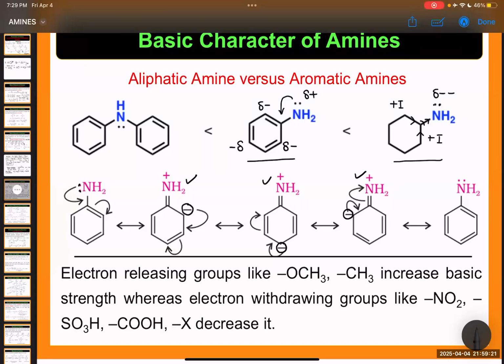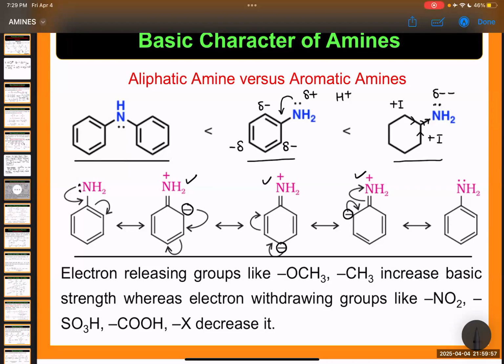And if you have a delta positive charge, is such a nitrogen going to come and get attached to the H plus? H plus is also positive, and the nitrogen is also gaining some positive charge due to resonance. So what is happening? So basically now we know that it is very less basic. Because of the resonance, the lone pair got delocalized to different places. The basic strength will decrease.